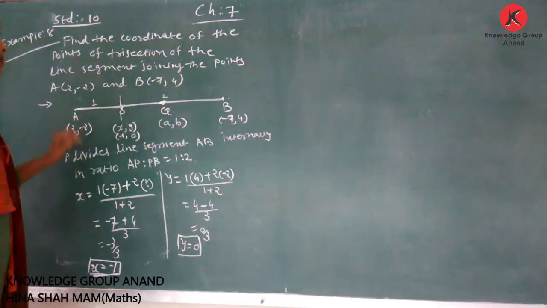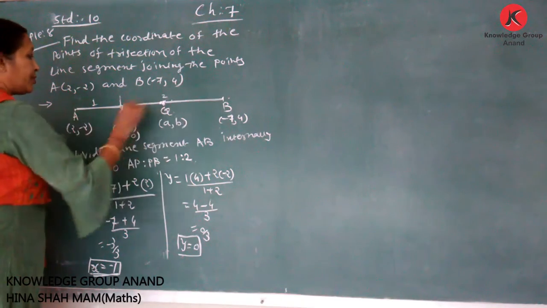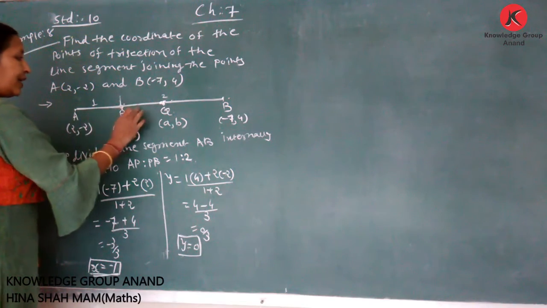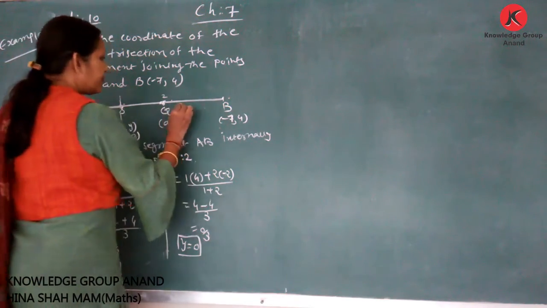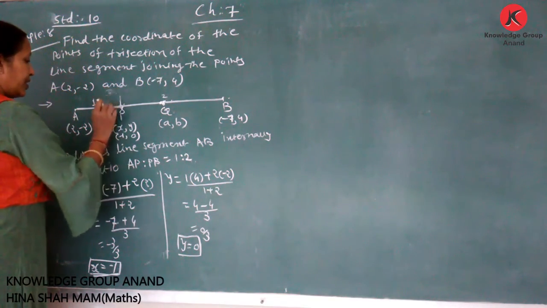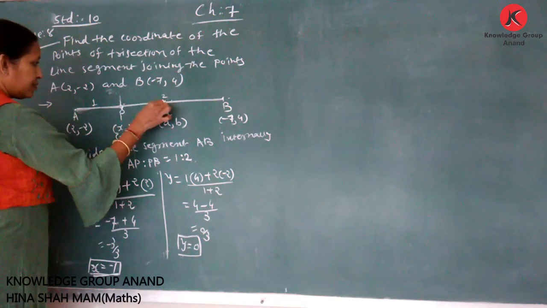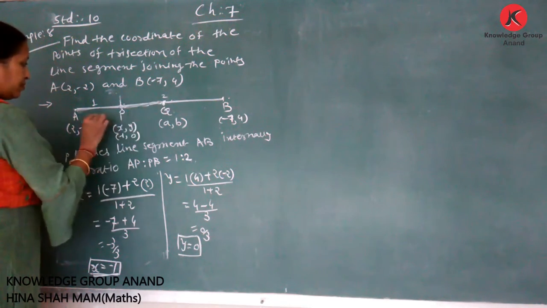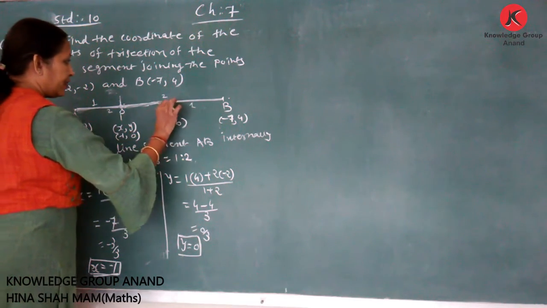We find here Q divides AB in which ratio? 2 to 1. Q divides AB in the ratio 2 and 1.